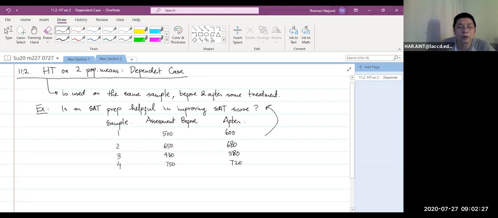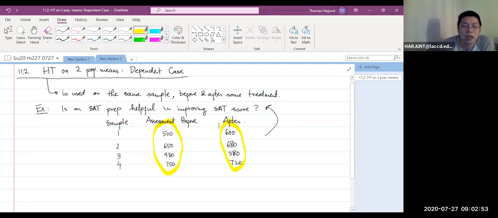The reason we call that the dependent case is because we actually have 2 groups of data from the same sample. This is the one before the students take the SAT prep, and this is the one after the SAT prep. So pre-treatment and post-treatment.